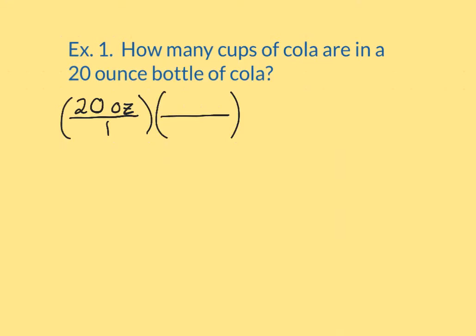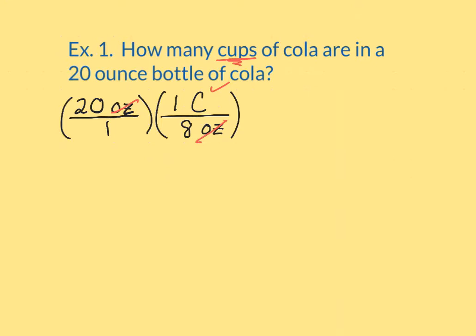I know that 1 cup as a measuring cup for liquid volume equals 8 ounces. So 1 cup equals 8 ounces. I'm going to put the ounces in the denominator so it will cancel. And then I'm going to put the 1 cup in the numerator. Where can I cancel? I can cancel the ounces. So I'll have the correct unit of cups because that's what I'm looking for.